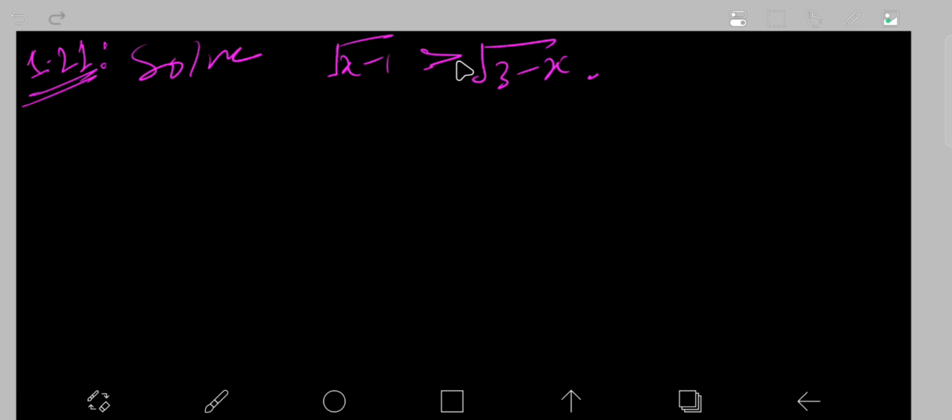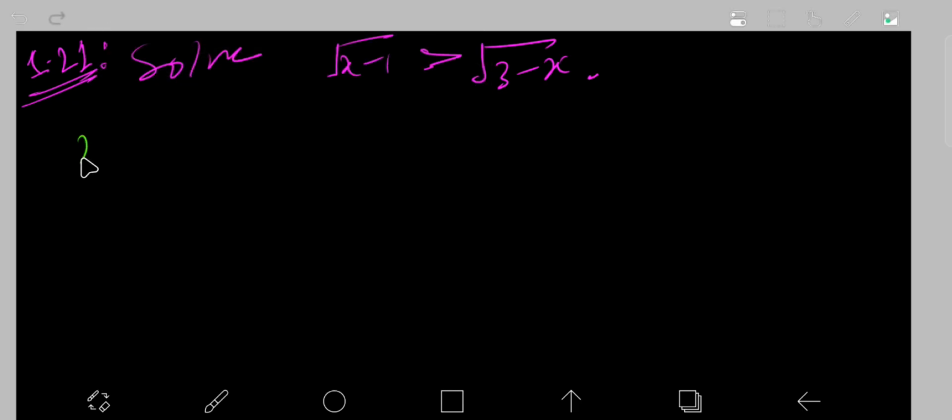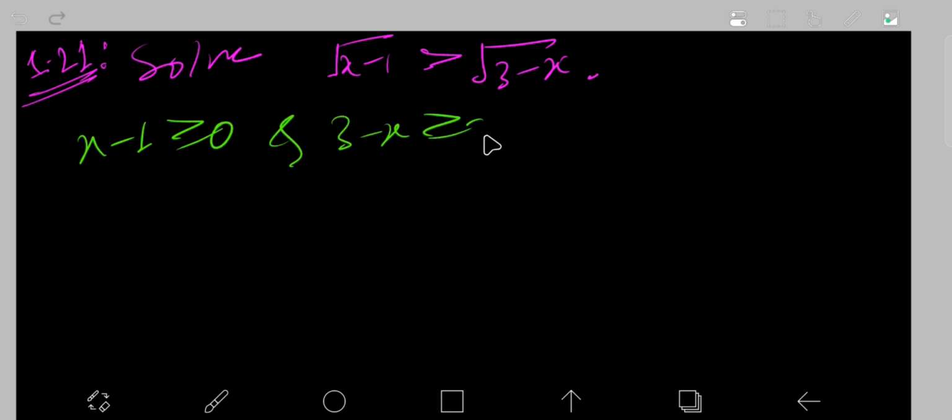Not squaring both sides, separately you solve when each square root is defined. This is defined only if x minus 1 is greater than or equal to 0, and 3 minus x is also greater than or equal to 0.